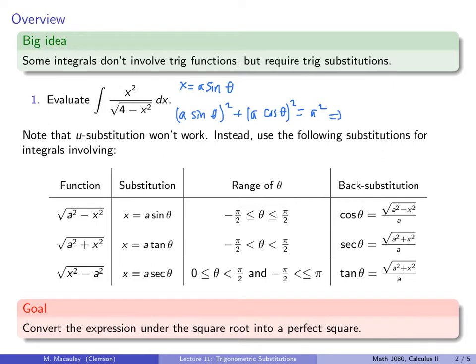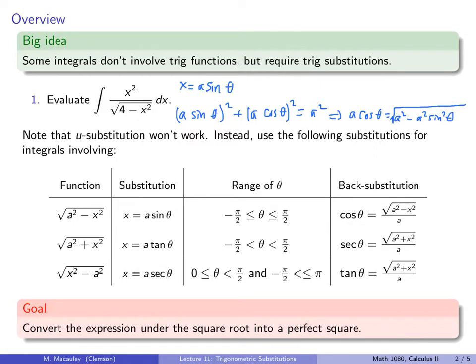So in this case, a cosine of theta is the square root of a squared minus a squared sine squared of theta.